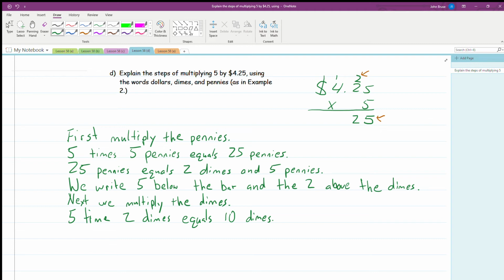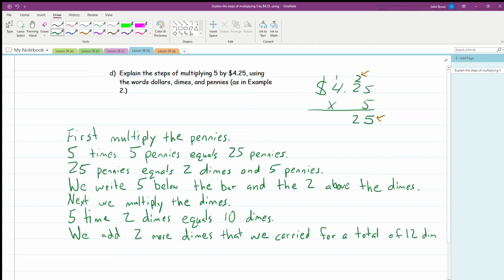So we're going to write, we add 2 more dimes that we carried for a total of 12 dimes, period.